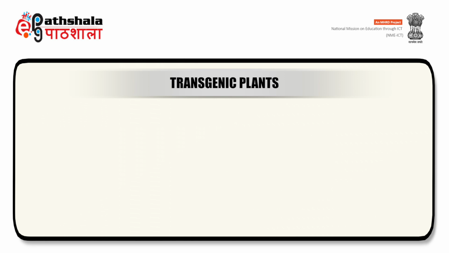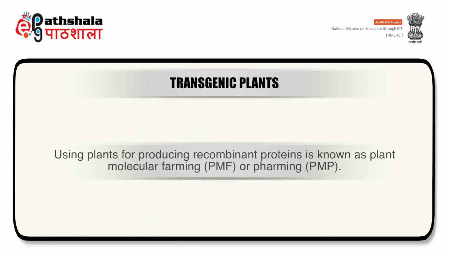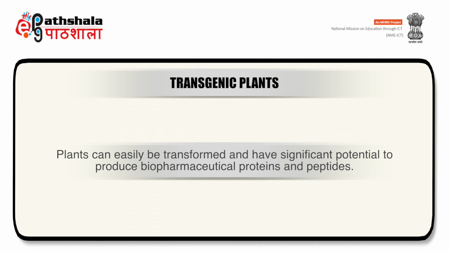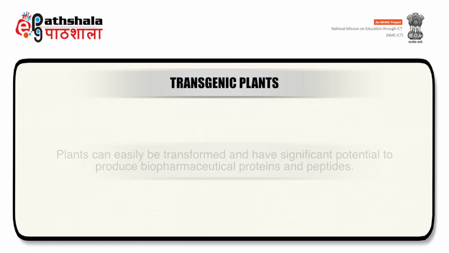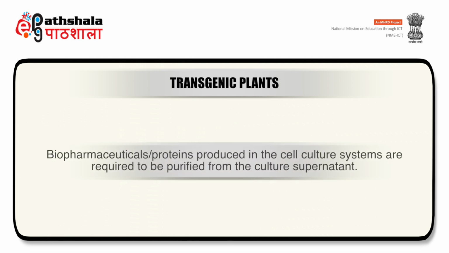Last system to be discussed here is transgenic plants. Using plants for producing recombinant proteins is known as plant molecular farming or pharming. Plants can easily be transformed and have significant potential to produce biopharmaceutical proteins and peptides. As discussed in the above sections, biopharmaceuticals or proteins produced in the cell culture systems are required to be purified from the culture supernatant.